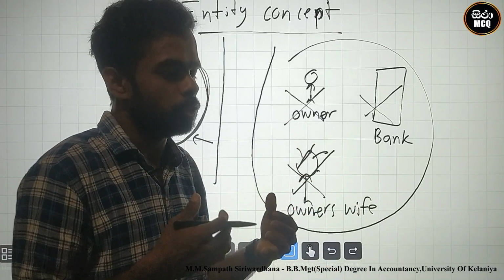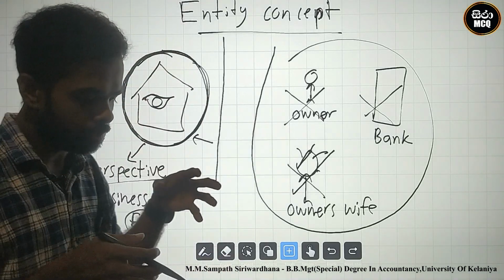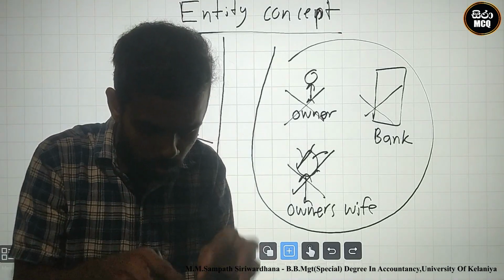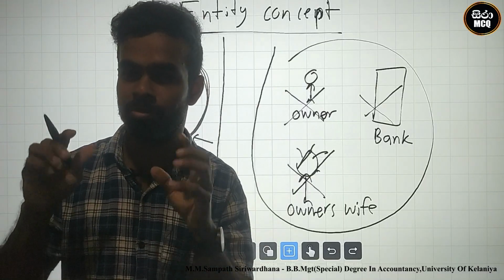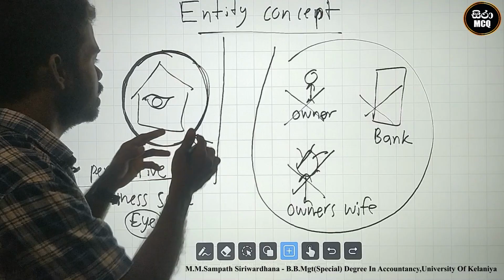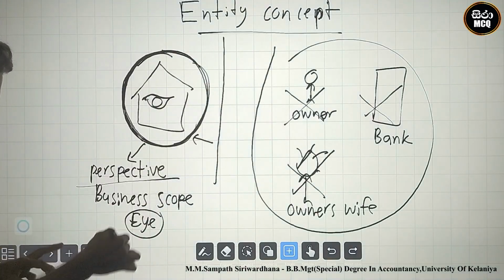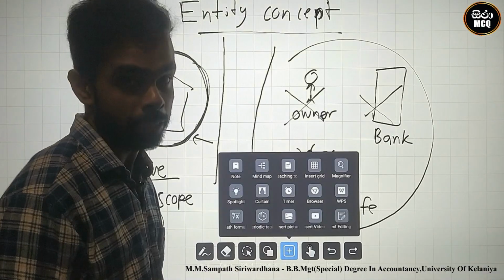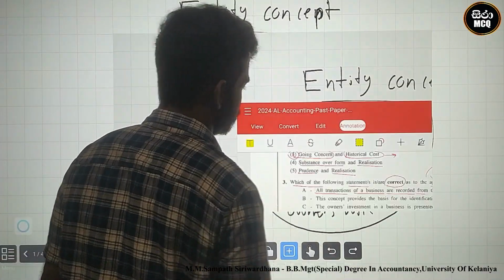Perspective means use the eye of the business, only go inside the business. A transaction only impacts and identifies the business area. This is the perspective meaning. This is the correct one.